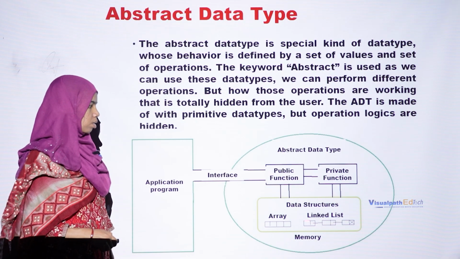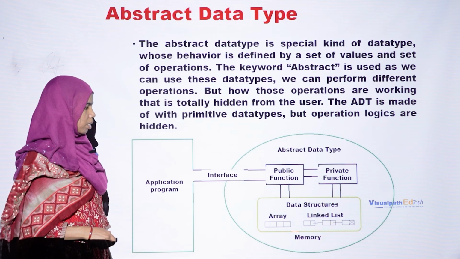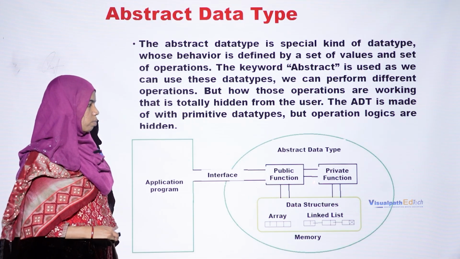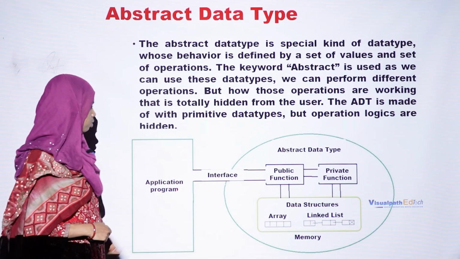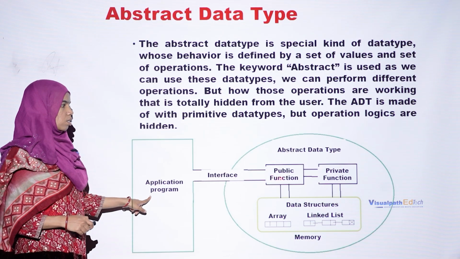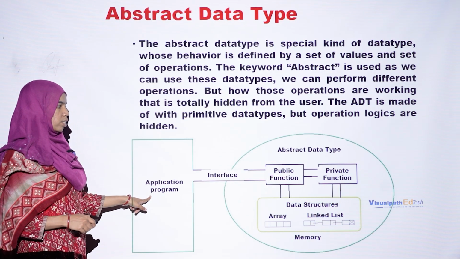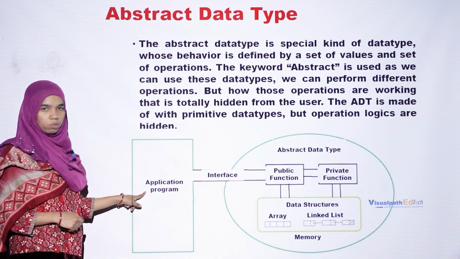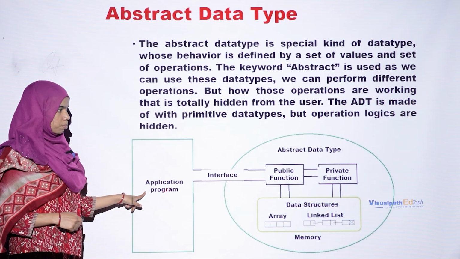Inside the memory, all our data structures will be stored, and when we interact with the application program, the functions fetch the information from the memory and it gets back to the application program.